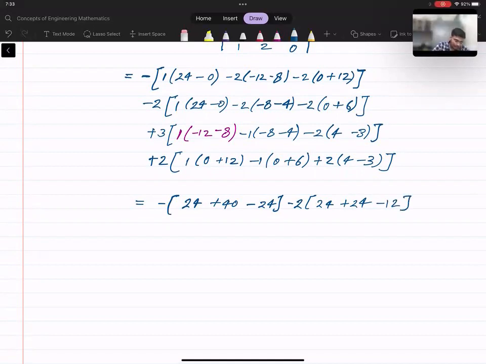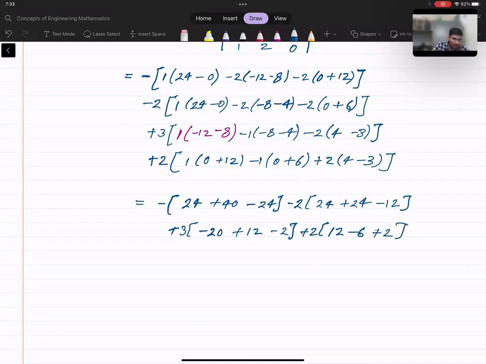And then we have plus 3 into, this is again 20, which is with a minus sign, and then 8 4s are 12. 12 ones are 12, minus plus, so plus 12, and then 4 minus 3 is 1 and this is minus 2. And after that we have plus 2 into 12 minus 6 plus 2.